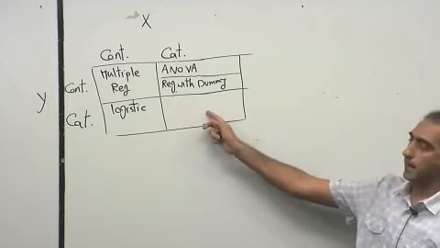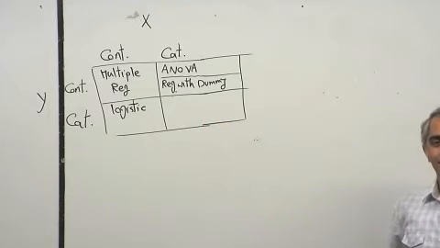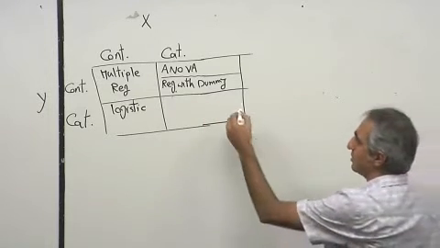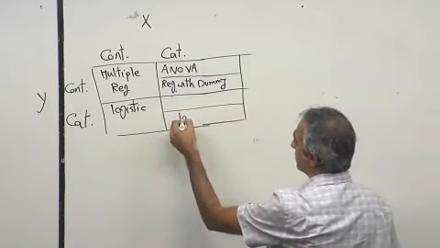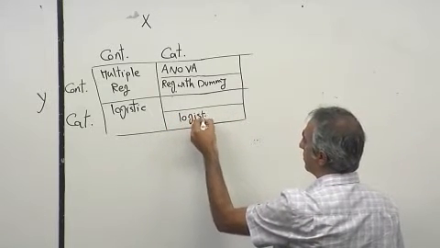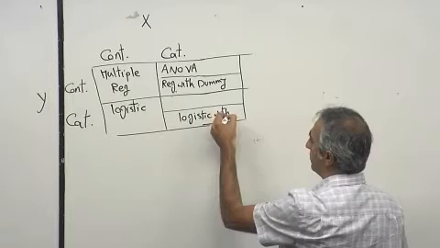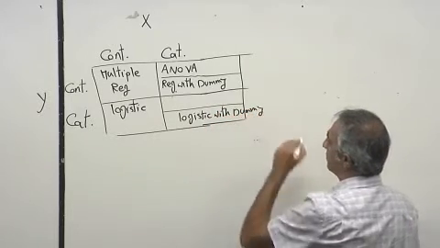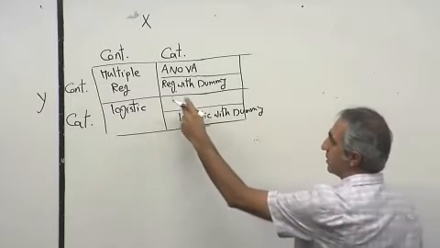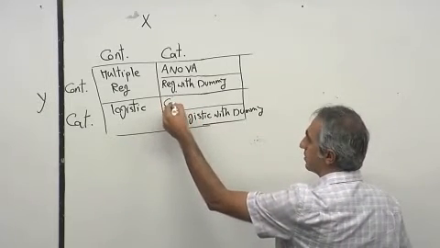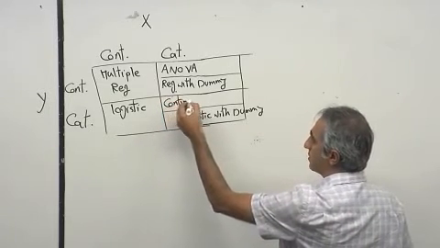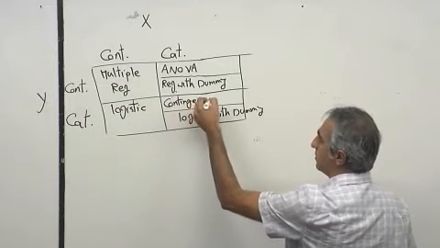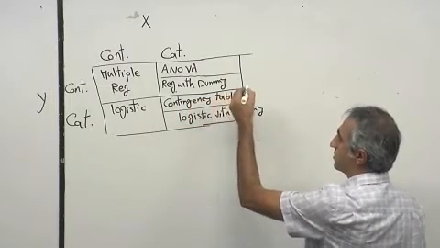And how about this guy? Again, you can use logistic regression, with dummy variables. Or you can use something called a contingency table. Hopefully my spelling is right.